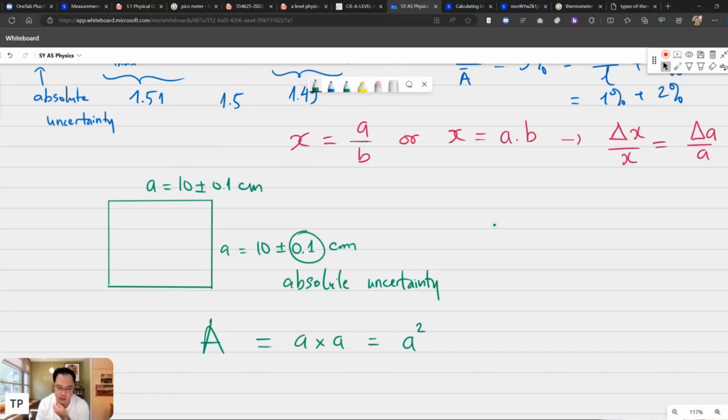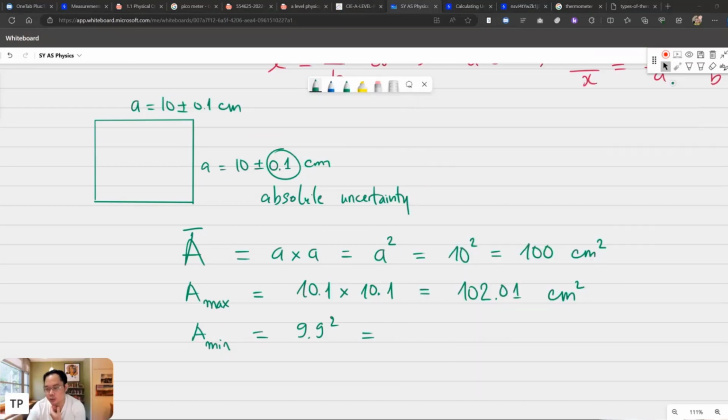Similarly, we calculate the average value, which is 10 square, that is 100 centimeters square. Similarly, the maximum area is 10.1 multiplied with 10.1, 102.01 centimeters square. And the difference between the maximum area and the average area is 2.01. I can take it approximately equal to 2 centimeters square.